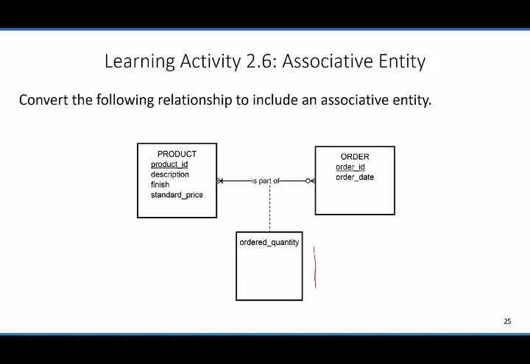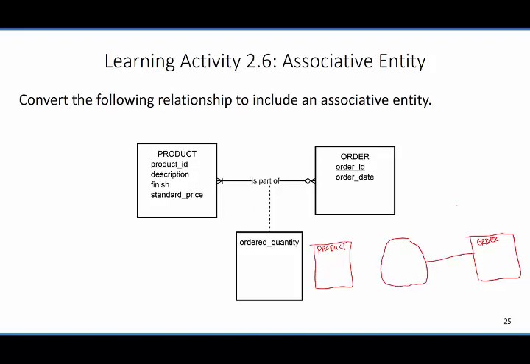So the way we'd model this is we'd have 3 entities. We're going to have the product entity, which includes all the attributes that are listed below it. I'm not going to represent it just so I don't have to write them down. And then we have the order entity, again with all of its attributes, order ID and order date. And then what we're going to do is we're going to slap an associative entity in the middle with ugly rounded corners.